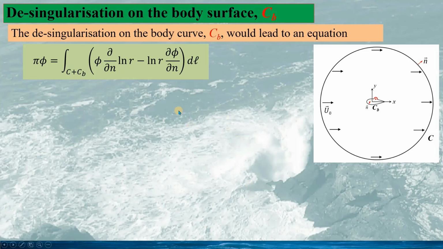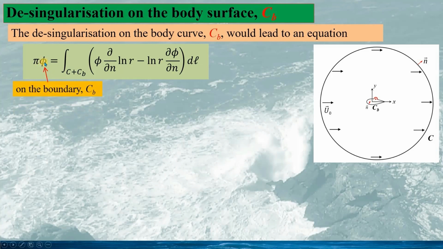Now we look at the boundary integral equation for 2D flow. This is the equation with the desingularization on the boundary, either on CB or on C. But here, we are concentrating on the desingularization on the structure surface CB.